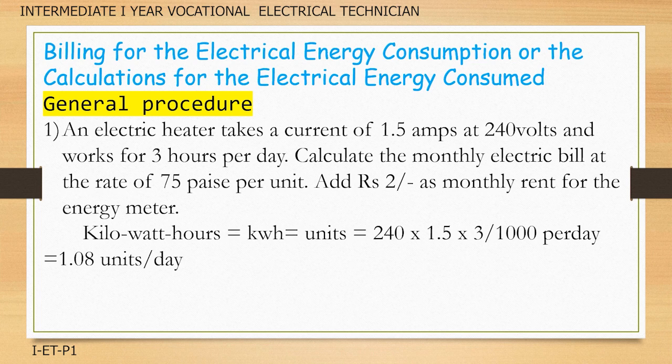In this, kWh means V into I into T: voltage into current taken into time. So that is equal to 1.08 units per day.